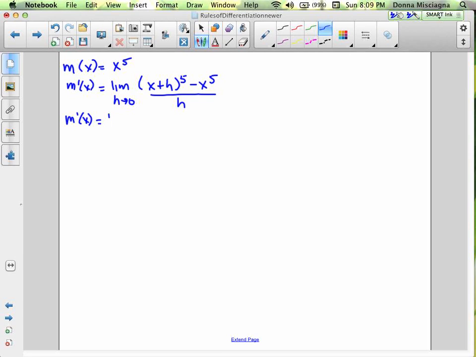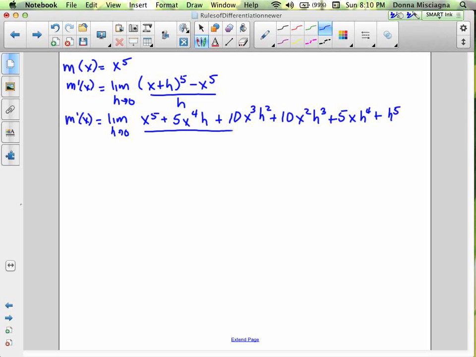M prime of x equals the limit as h approaches 0 of x to the fifth plus 5x to the fourth times h plus 10x cubed h squared plus 10x squared h cubed plus 5x times h to the fourth and then h to the fifth.